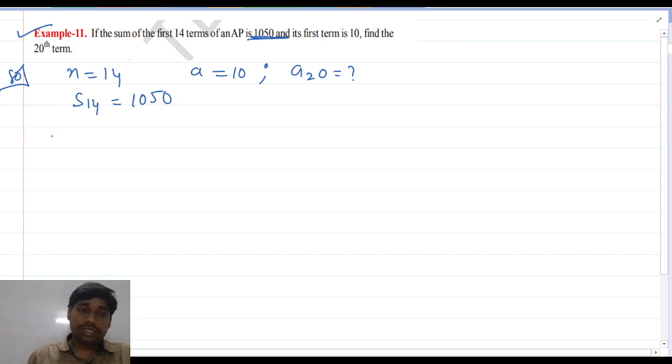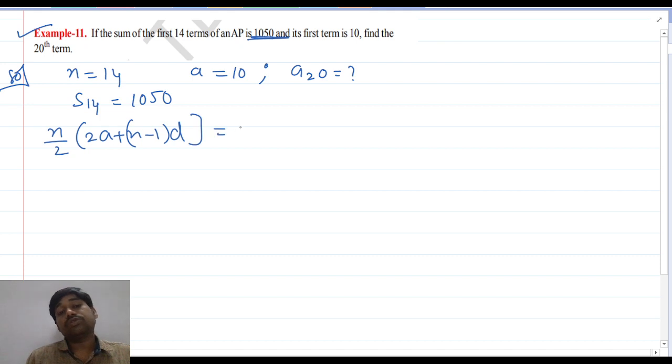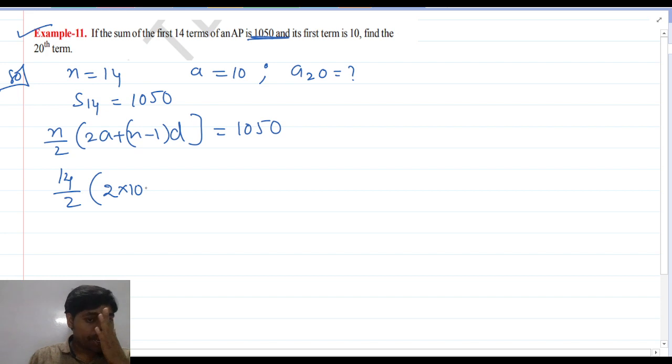Formula for the Sn is n by 2 of, okay, 2a plus n minus 1 into d is equals to 1050. But n is given 14 by 2. First term is 10, 2 into 10 plus here 14 minus 1, okay, into common difference is nothing but unknown, which is equals to 1050.